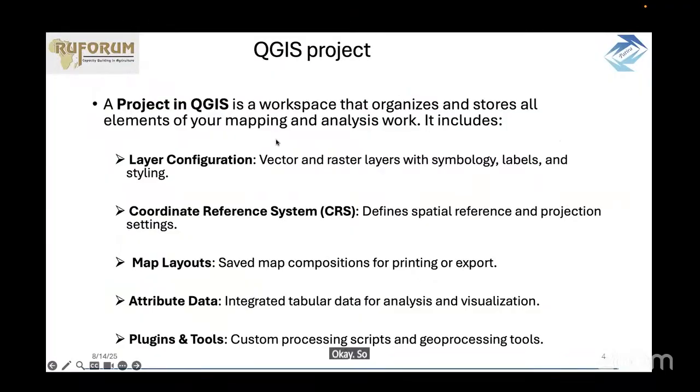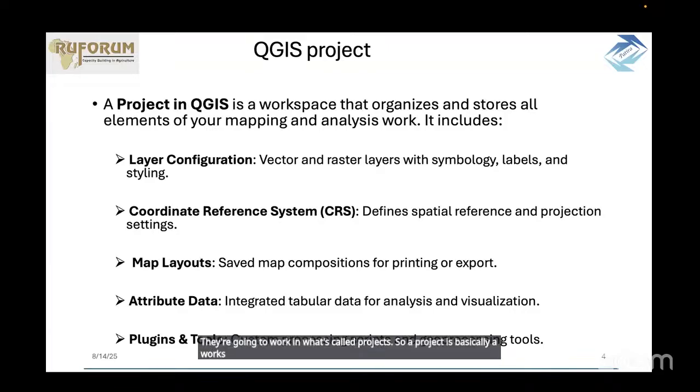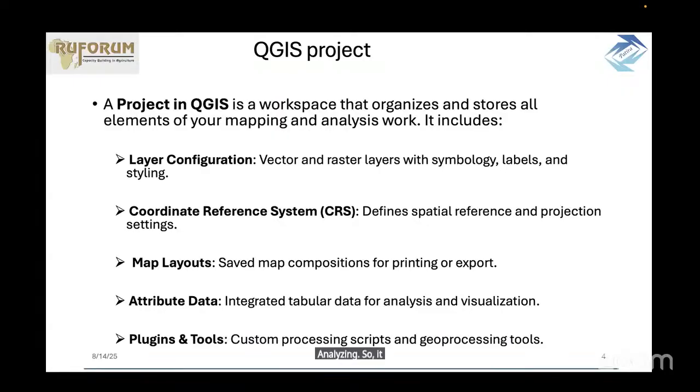So when you work in QGIS, you're going to work in what's called projects. A project is basically a workspace. This is where you organize and store all the elements that you're mapping and analyzing. It includes your layer configuration. And the layers, you can have vector, raster layers, and so forth, which we are going to see.